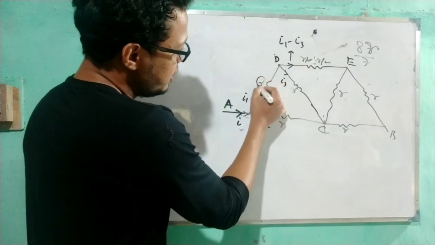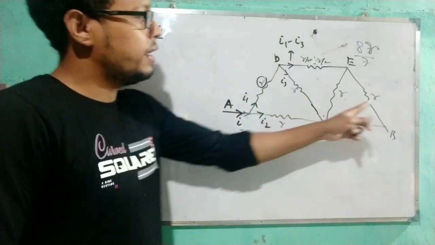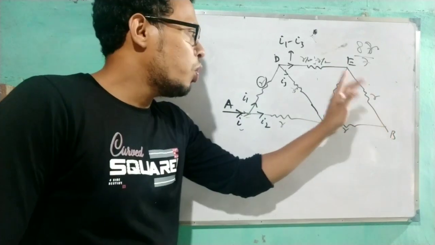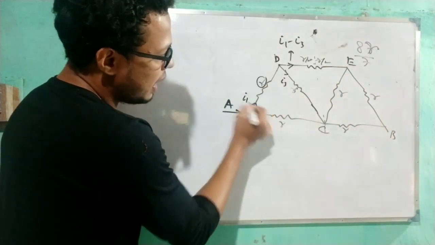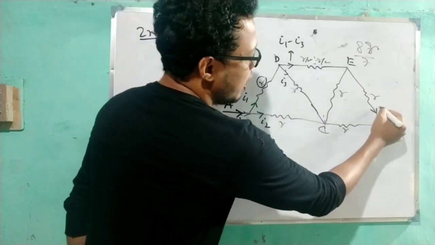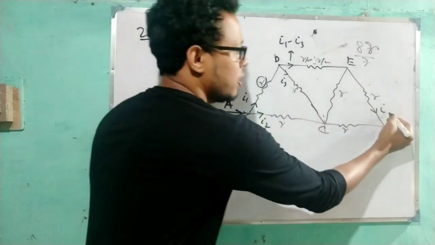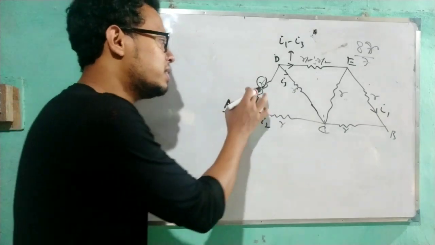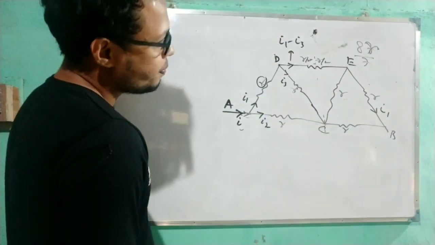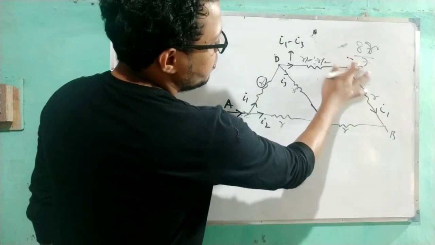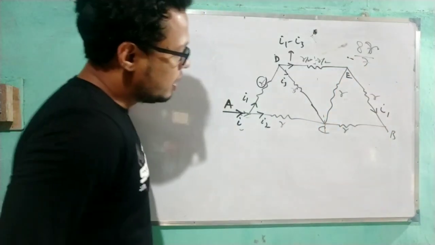Okay. Now look, here as the resistance is R and here the resistance is R also. So obviously as the current flows through R is I1, so here also the I1 will come, because the resistances are same. Clear? Now look, here this point is E I have given.